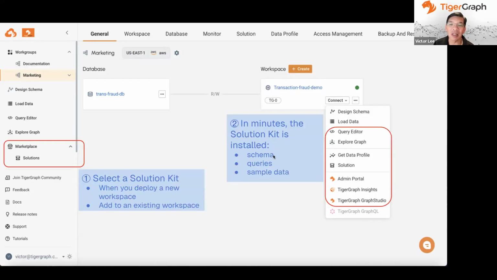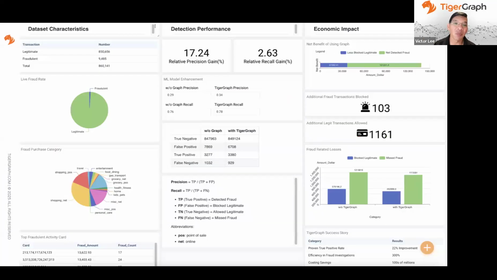So again, the kit includes a graph schema, sample data, queries and other analytics. If you need some scripts to run the whole process, they're there. And it can use Insights, our dashboarding tool, to highlight the aggregate activity that's happening so you can evaluate the degree of success you're having.